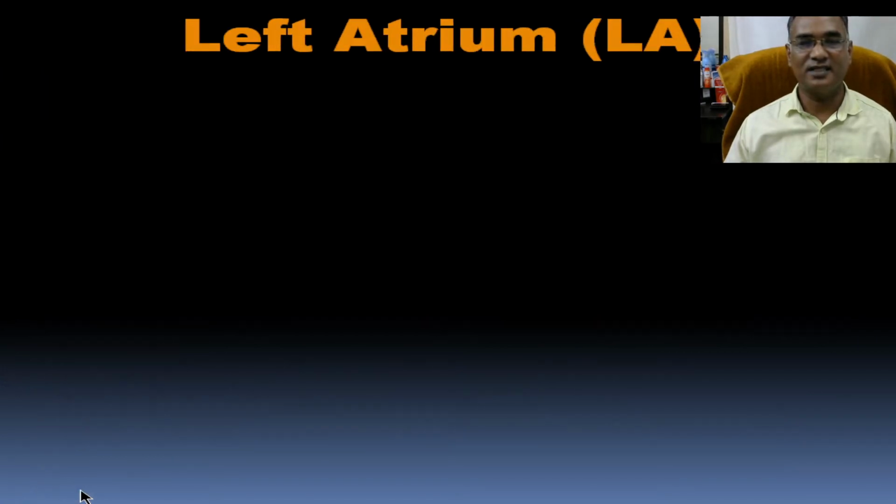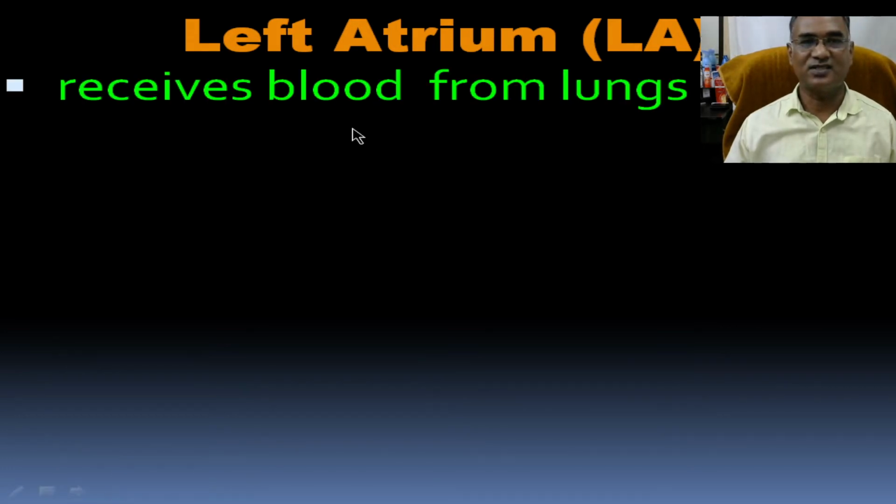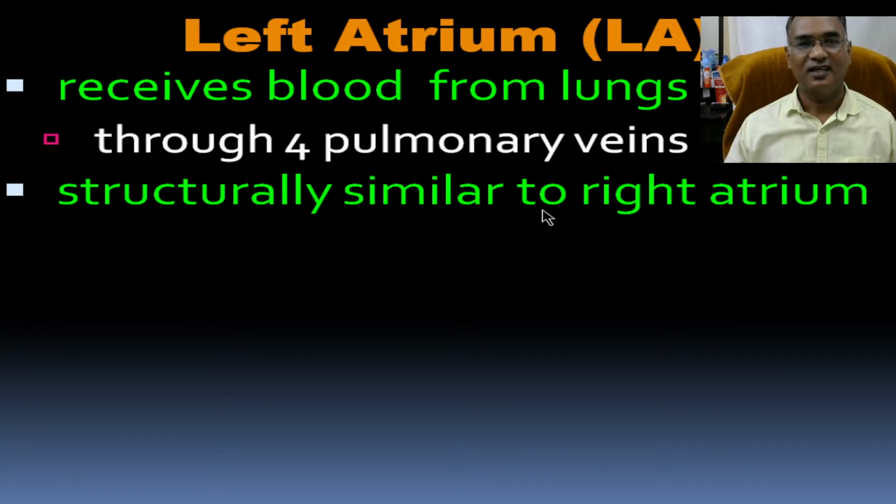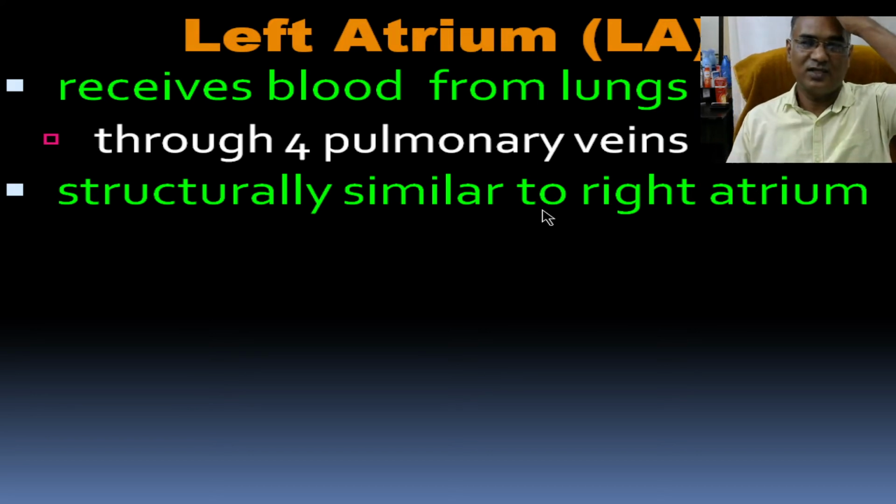This pulmonary trunk mixes the blood properly, adding oxygen-rich content to the blood and eliminating carbon dioxide, and finally it reaches the left atrium. So the left atrium receives the blood from the lungs through four pulmonary veins, and is structurally similar to the right atrium.